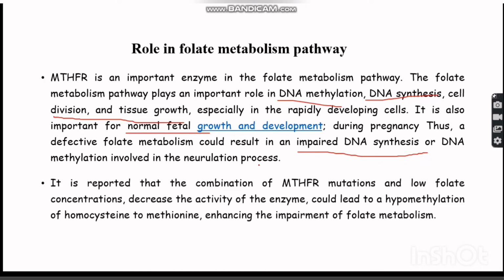Okay. Or if there is a mutation in the MTHFR gene and low folate concentration, decreased activity of the enzyme can lead to hypomethylation. Okay, then hypomethylation of homocysteine to methionine. Homocysteine will not get enough methylated so that it can be converted into methionine, enhancing the impairment of folate metabolism.